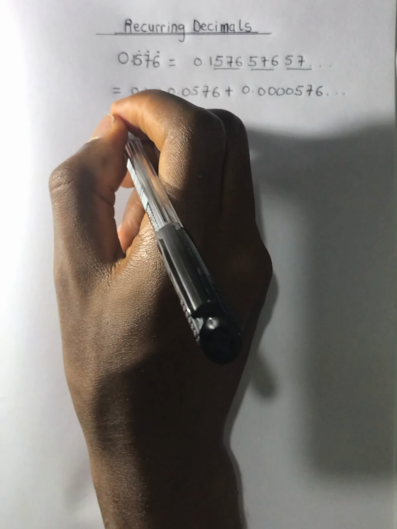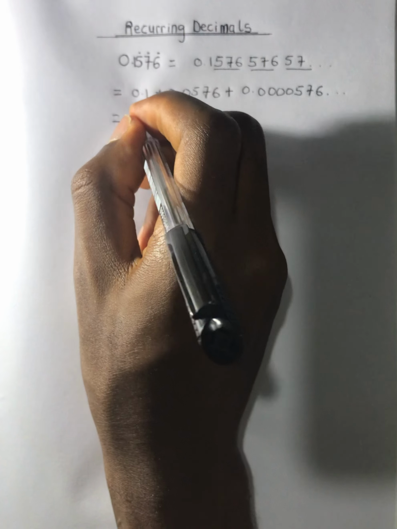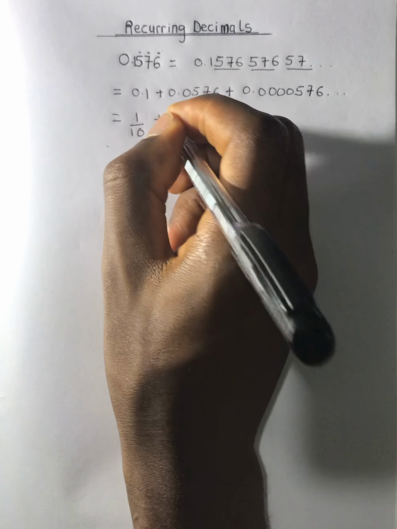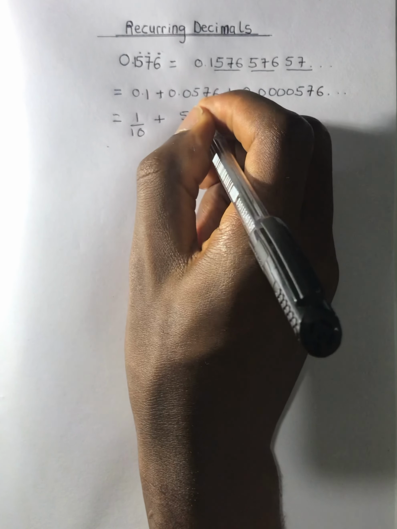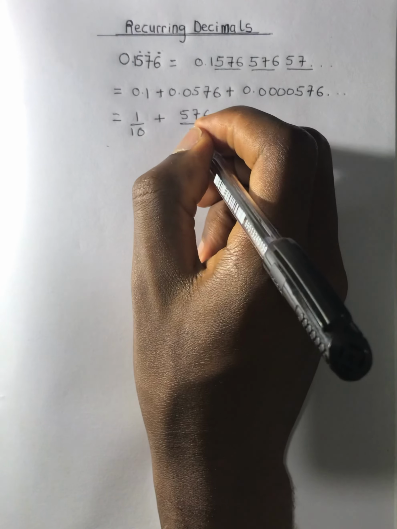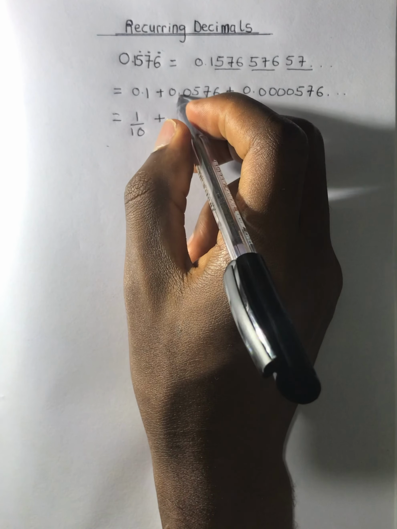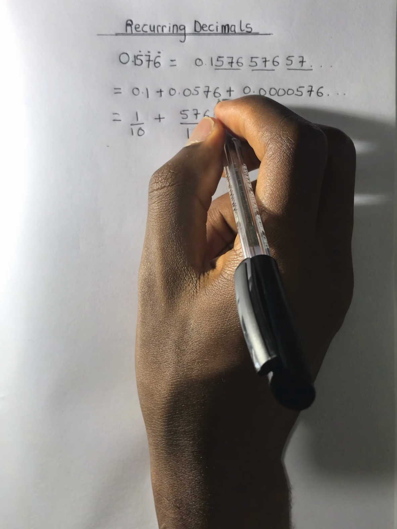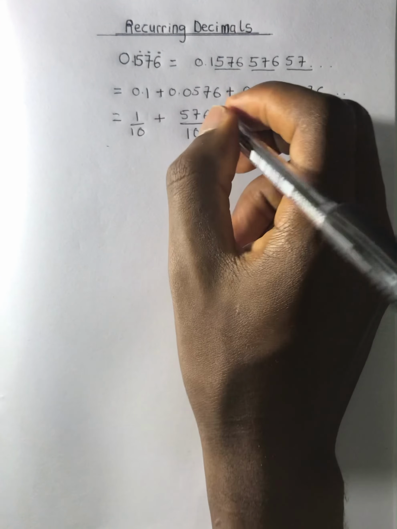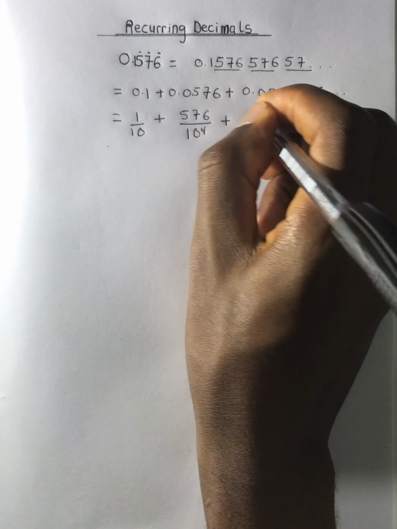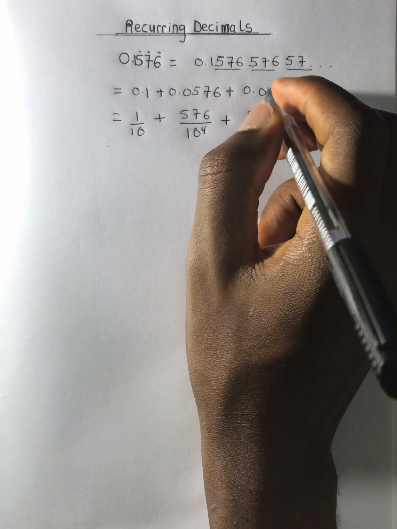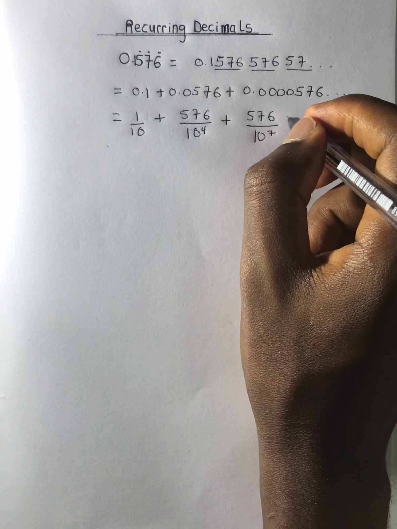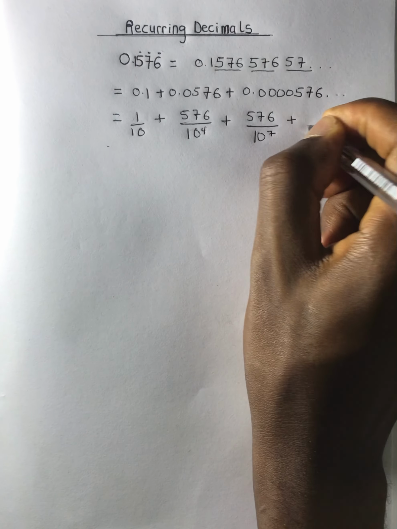Again, expressing this in another form, we have 1/10, basically expressing this in fraction form, plus 576 on 10 to the power 4, since we move the decimal 4 times to get this: 1, 2, 3, 4. Plus 576, and moving this 7 times we get this fraction, and this also goes on and on and on.